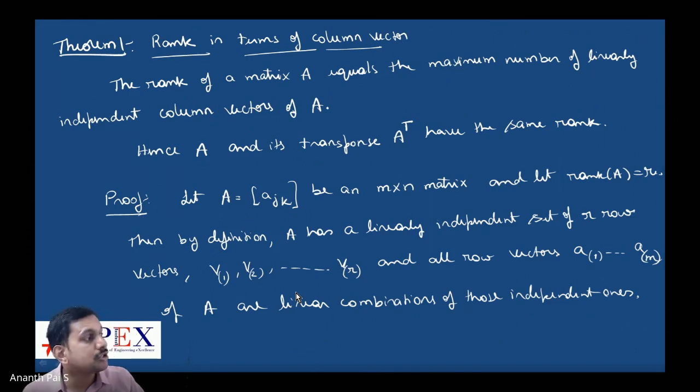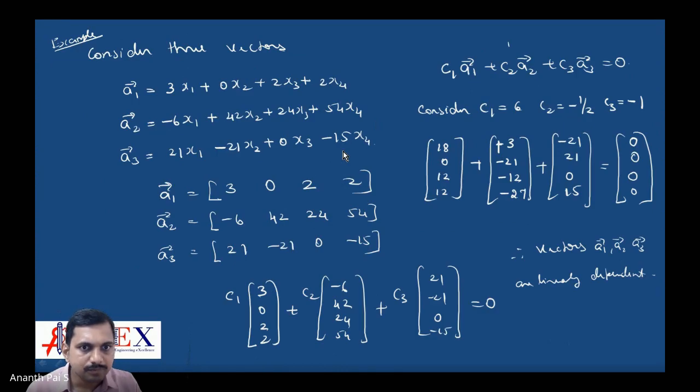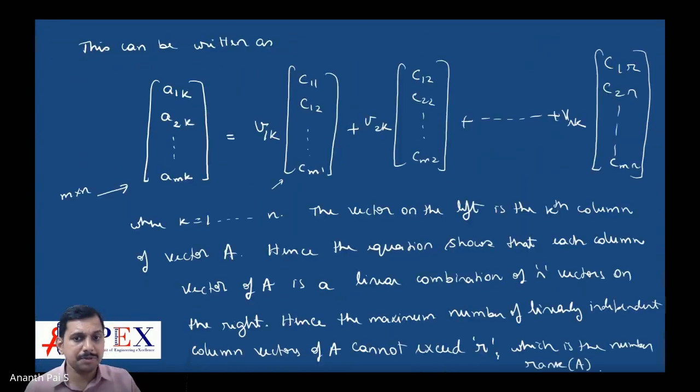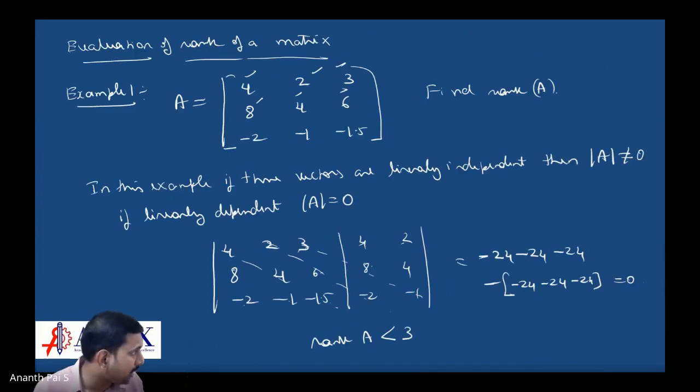Non-zero square determinant, that is the rank. Here we are going to score a high mark, so we are not worried about all the theory now. We are worried about getting the marks. That's it.